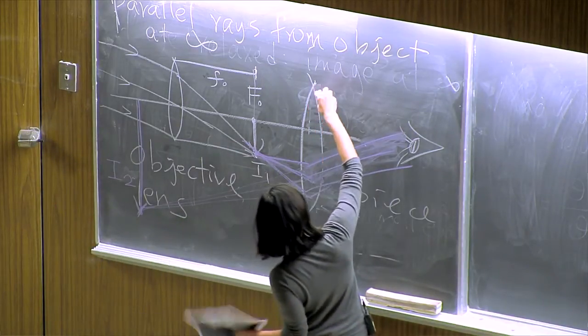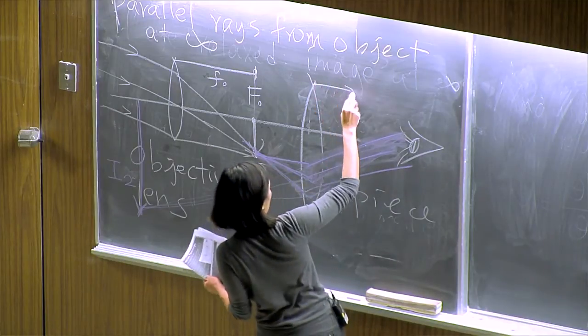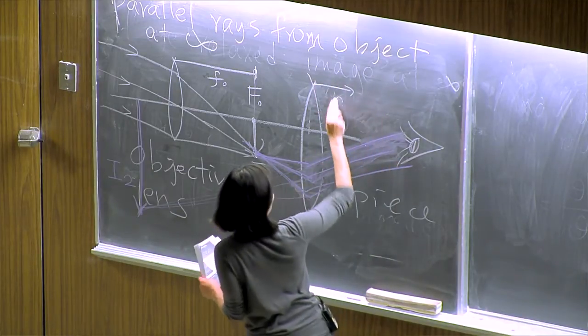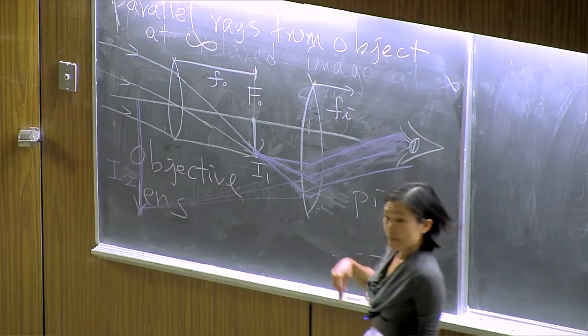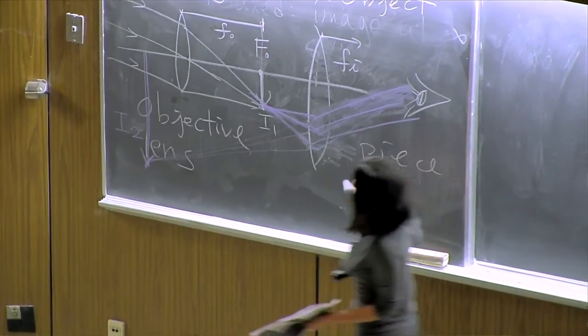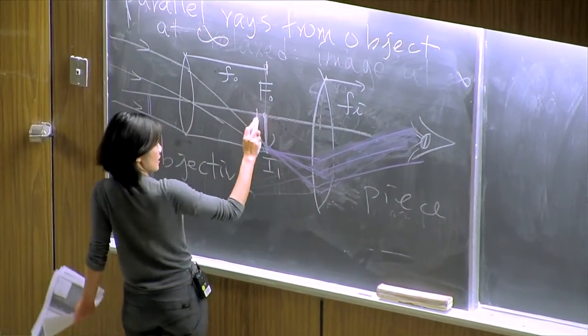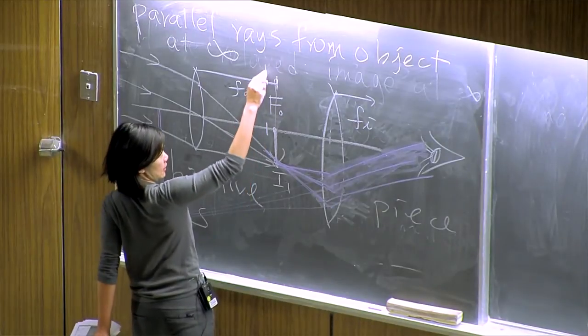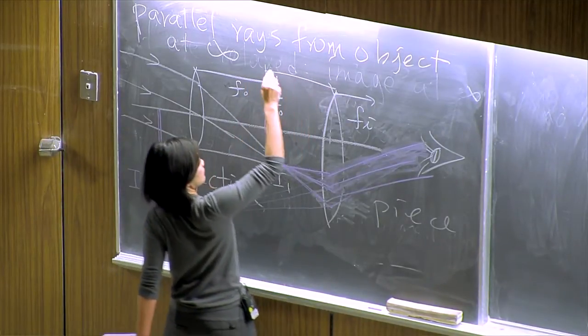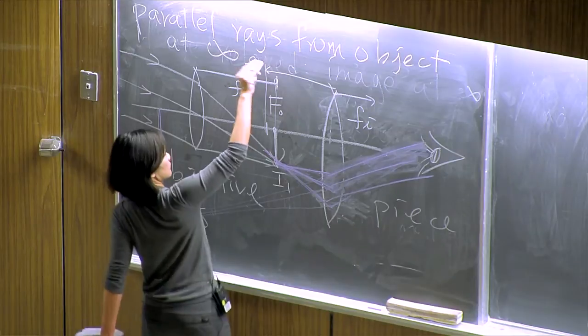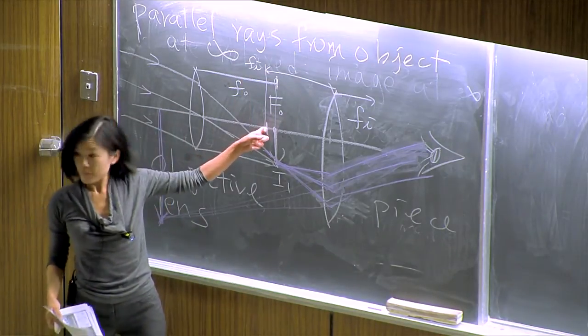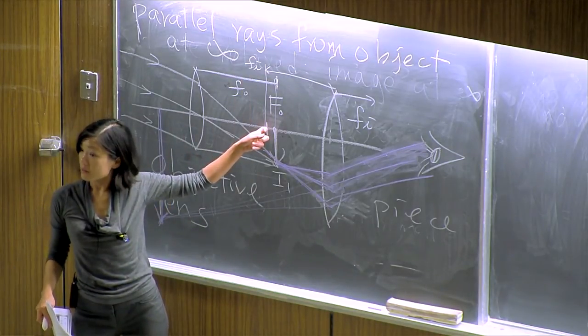Then the focal length of the eyepiece, let's call it F sub I, and of course, the corresponding focal point of the eyepiece.